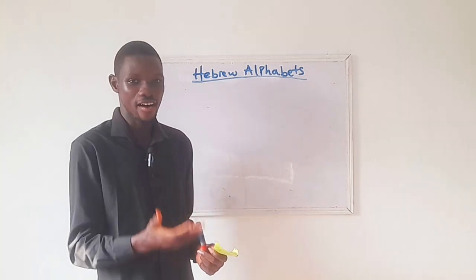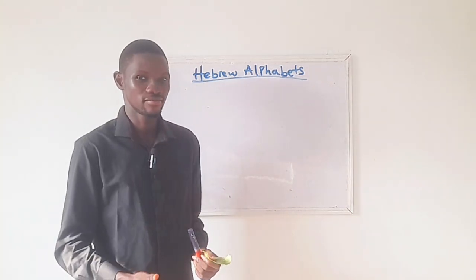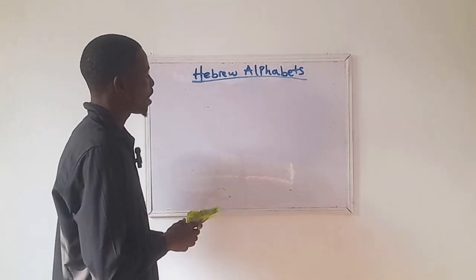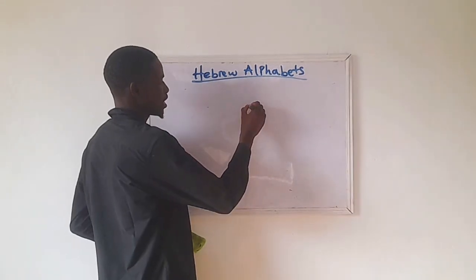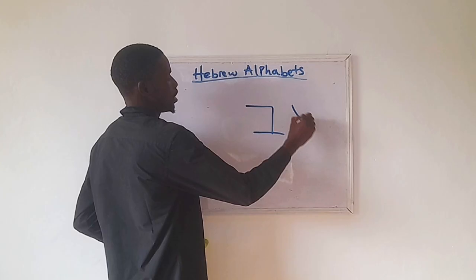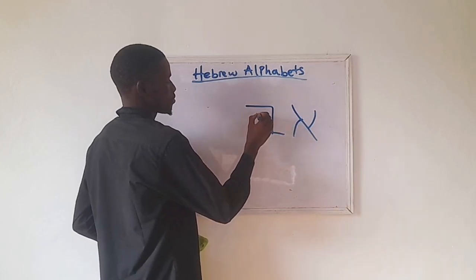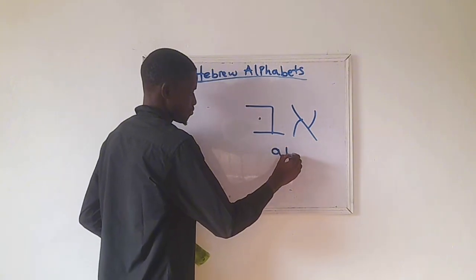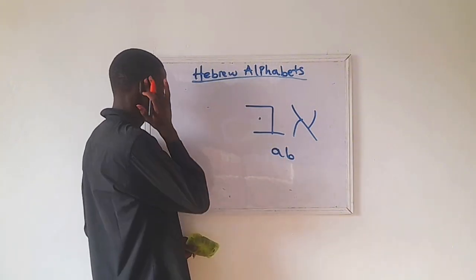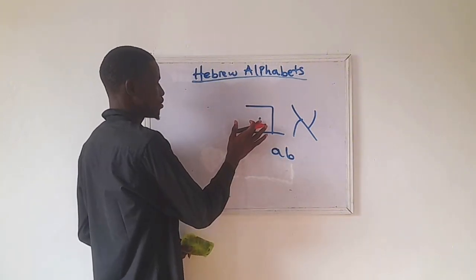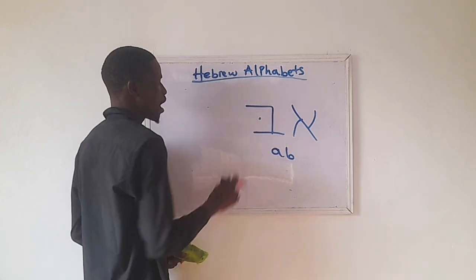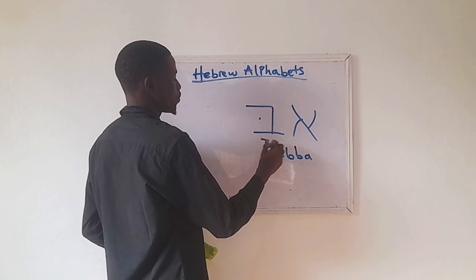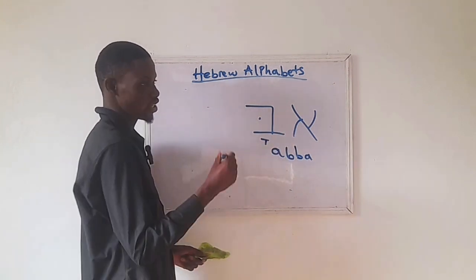Av is father. Now, remember, we already said that if it has a dagesh, it becomes ab. But when we get to dagesh, you are going to know much more about why we have the word. When you put an A at the end again, you can have Abba.